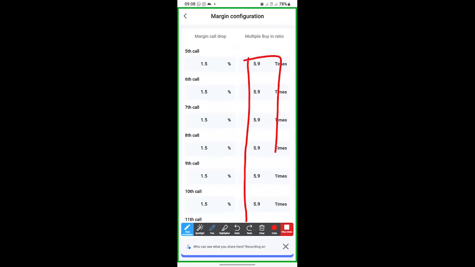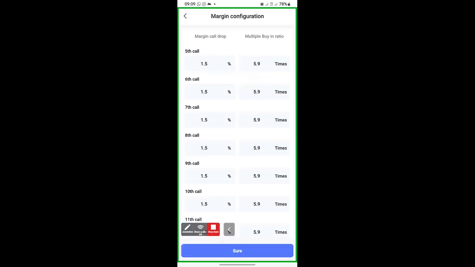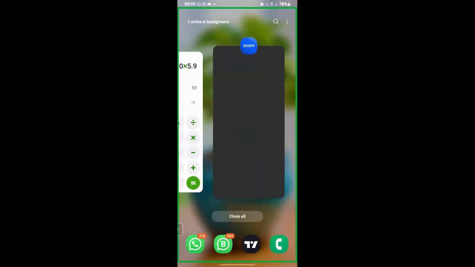We are remaining with this. That means if we set 20 margin calls and the first four calls are covered, then we are remaining with 16. So if you remain with 16, you can try to make it uniform. You don't want to bother yourself with figures because they are going to confuse you. This is what you're going to do. You go to your calculator.